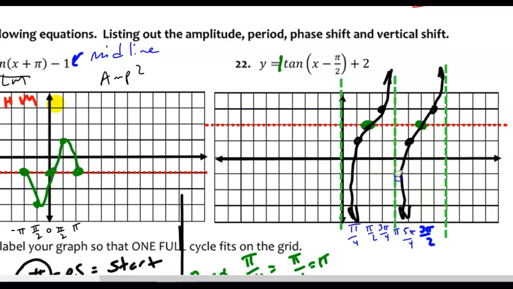Once you find the middle, all the other asymptotes are the same distance away, 2 lines away, 2 lines away. Then this is 1, so my next line is going to be up 1, and my previous line is going to be down 1. And that is how you graph the tangent graph and cotangent, et cetera.